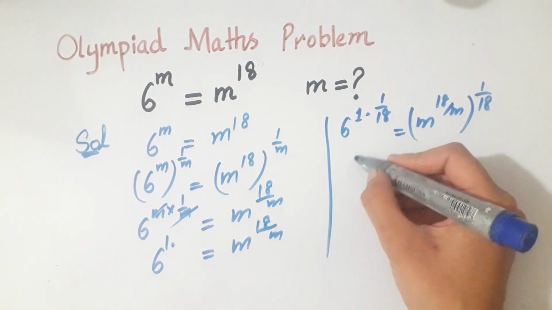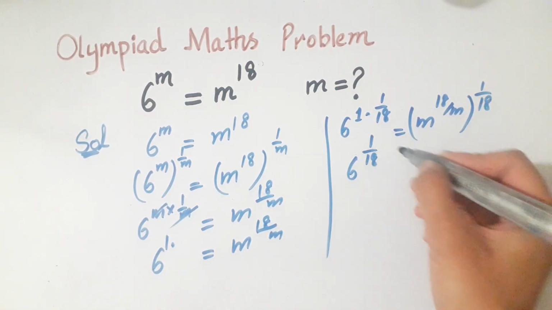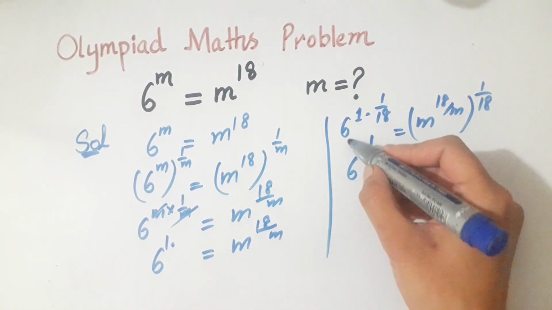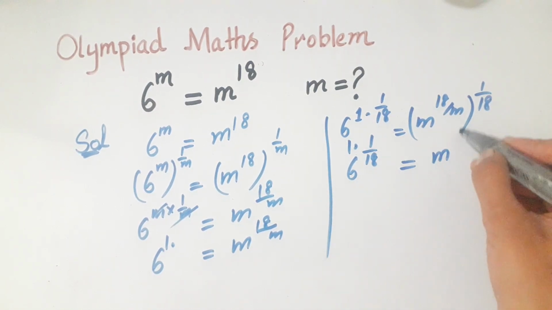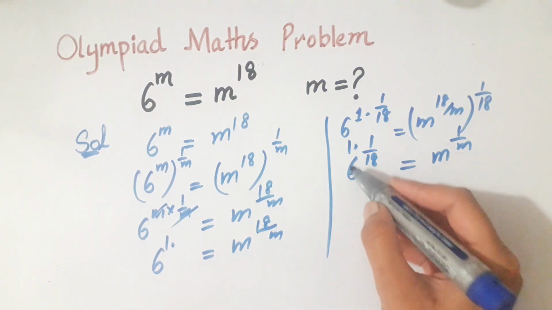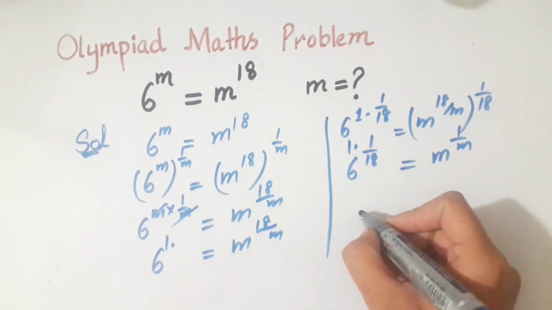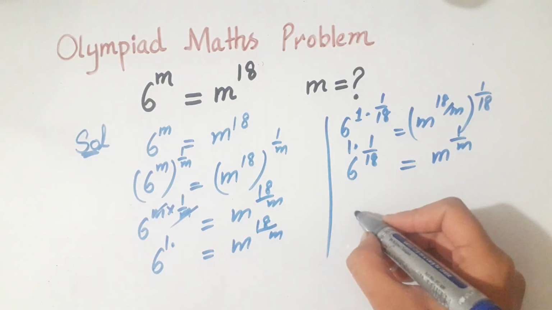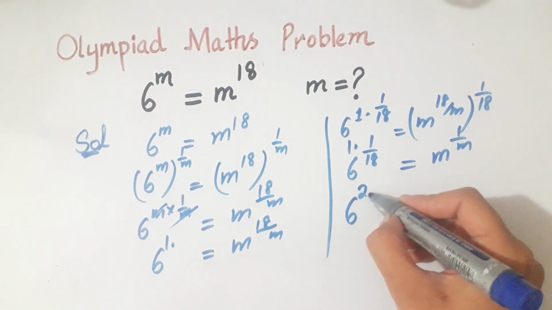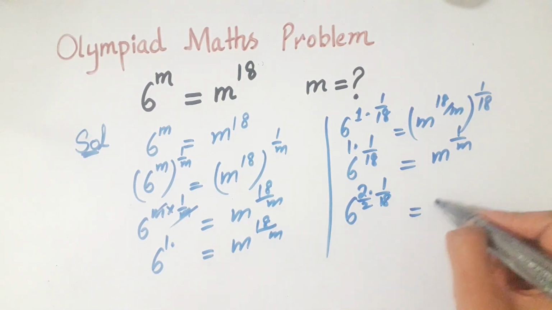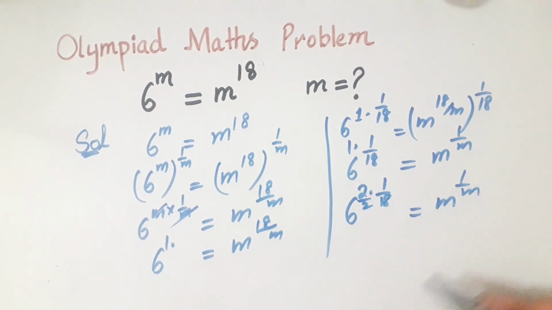So 6 raised to power 1 over 18, then we have m raised to power 1 over m. Now in place of 1 we can write 2 by 2. So 6 raised to power 2 by 2 into 1 over 18, and this is m raised to power 1 over m.